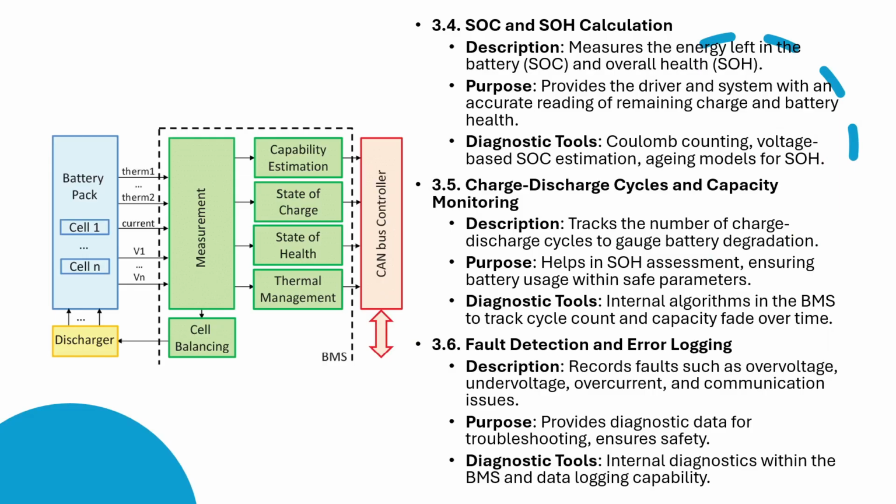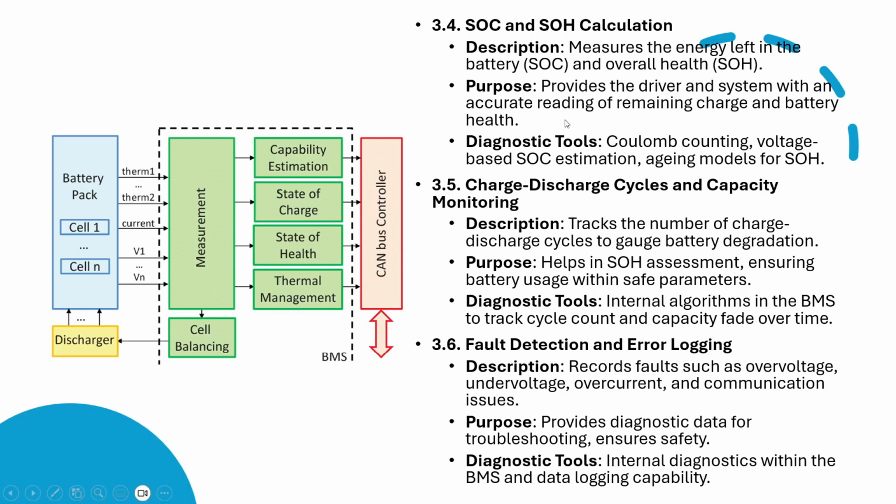SOC and SOH. SOC, state of charge, measures the energy left in the battery. What is the remaining energy left in the battery is a very essential estimate in order to operate the electric vehicle safely. And it also measures overall health, SOH, state of health.